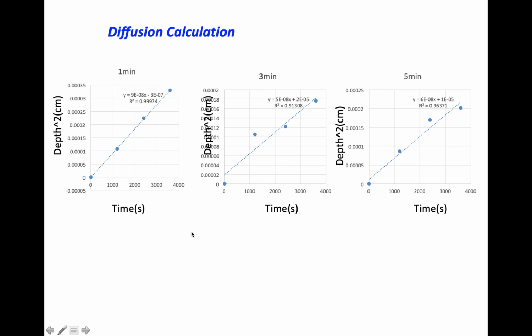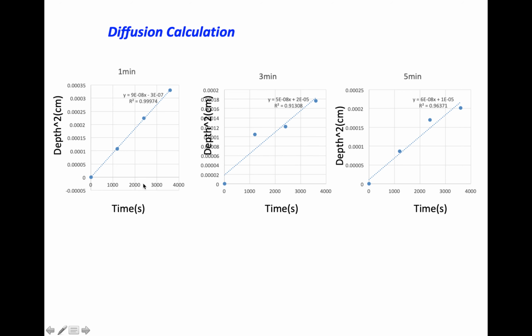So for the diffusion calculation, because I tried 3 different conditions: 1 minute exposure, 3 minutes exposure, and 5 minutes exposure. Because the time of my presentation is very limited, I just show you the final result.